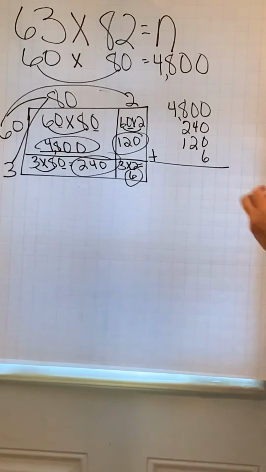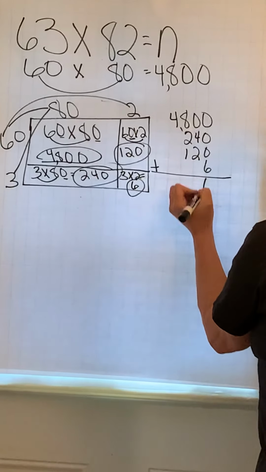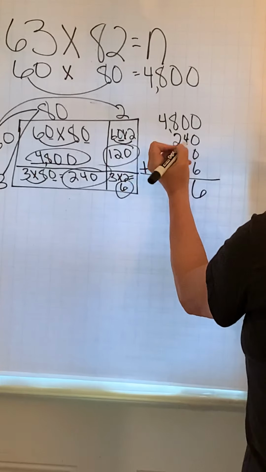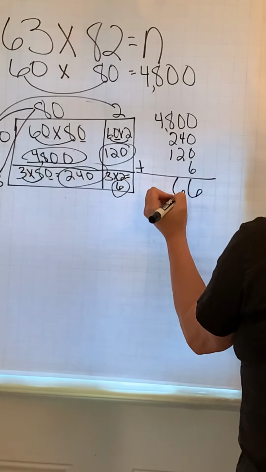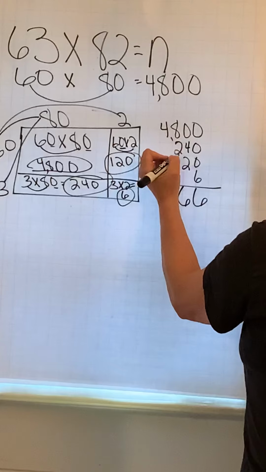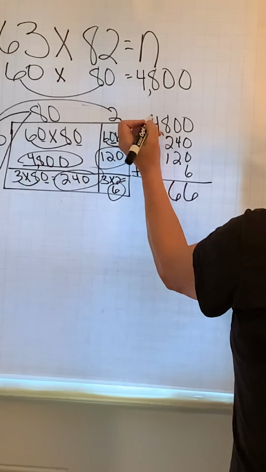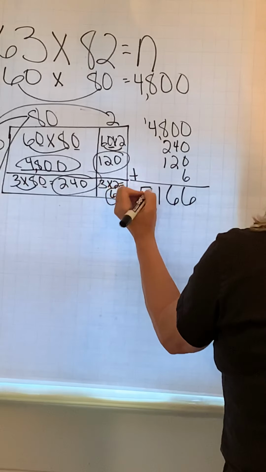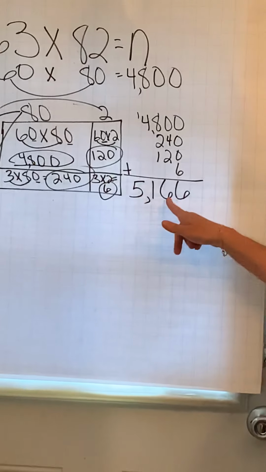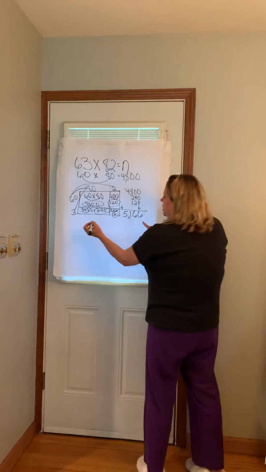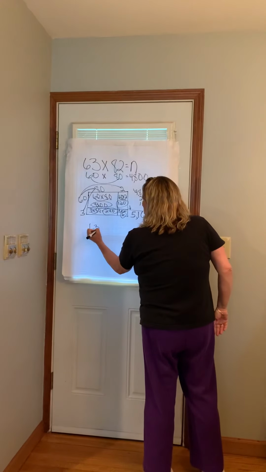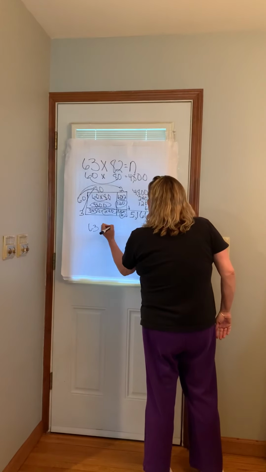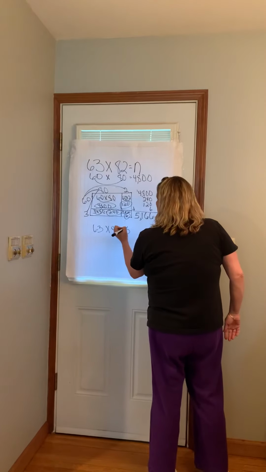You have to keep everything lined up. 6 plus 0 is 6. 4 plus 2 is 6. 8 plus 2 is 10, plus 1 is 11. And 4 plus 1 is 5. 5,166. So our final answer for 63 times 82 equals 5,166.